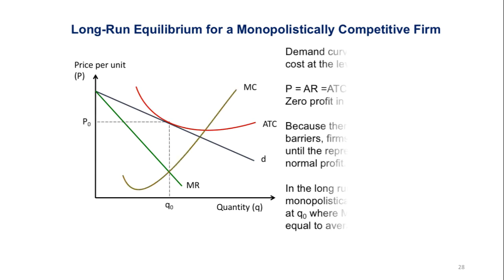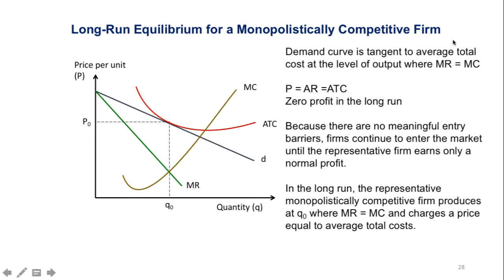So the long run equilibrium for a monopolistically competitive firm basically looks like the monopoly. They have marginal revenue. Remember, they can set their own prices and quantity.